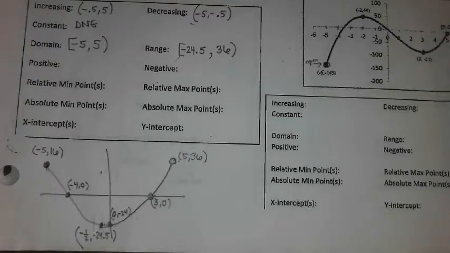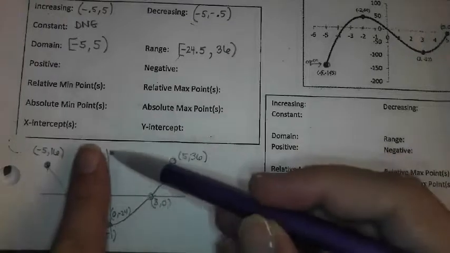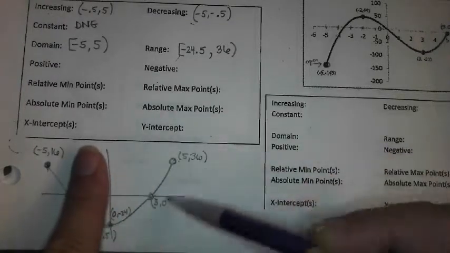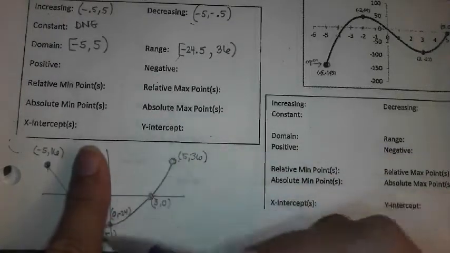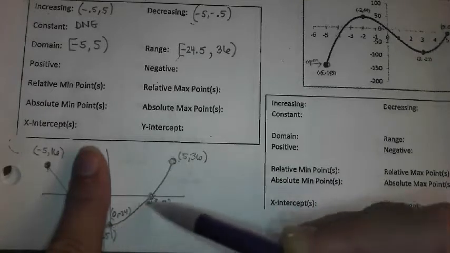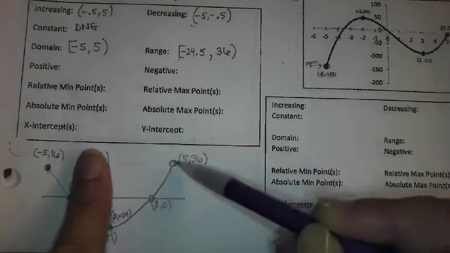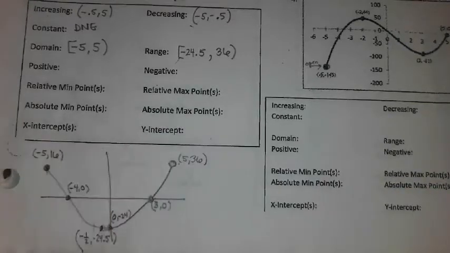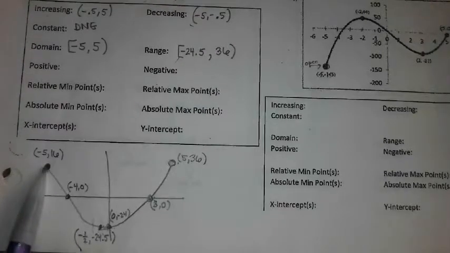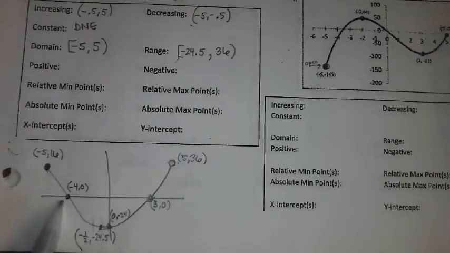Zach, can you take a stab at the positive interval? So from here to here, this right here, again, I think you're getting it confused with increasing. Positive means above the x-axis, and this entire section is not above the x-axis. -5 to what? Very good.